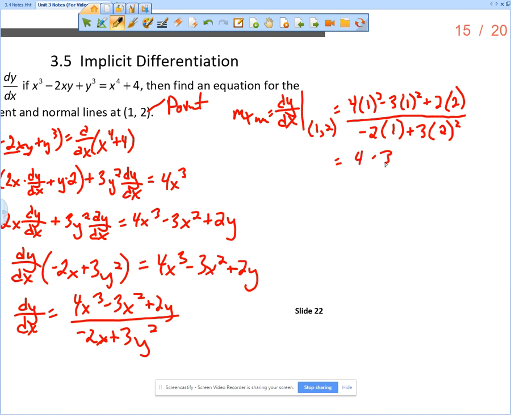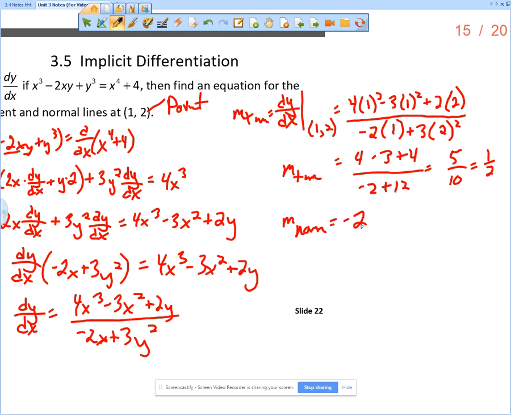So 4 minus 3 plus 4, divided by negative 2 plus 3 times 2 squared. That'd be 3 times 4, so plus 12. So 8 minus 3 is 5, divided by negative 2 plus 12 is 10. So 1/2 is the slope of the tangent line. Remember, this is the slope of the tangent. So then the slope of the normal line is what?